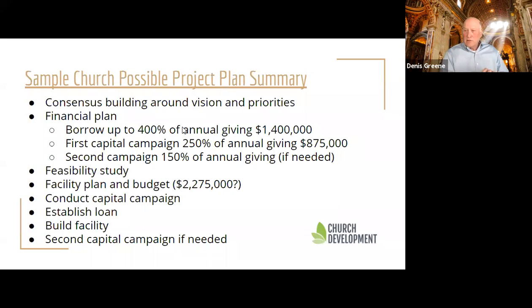For this church, they know they can borrow up to 400% of annual giving, which for them equates to about 1.4 million. I've told them I think you could probably raise 2.5 times annual giving. That's 875. So right away, you begin to see this possible scope of this project might be around 1.2. That's entirely possible. And if there's debt, they could do a second campaign.